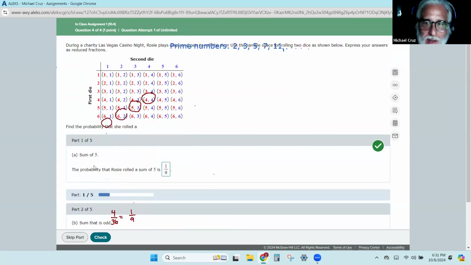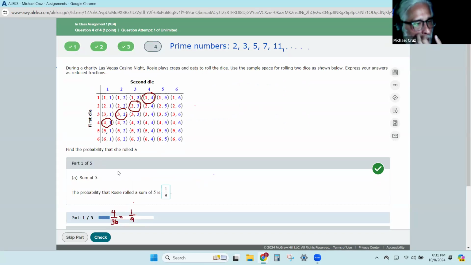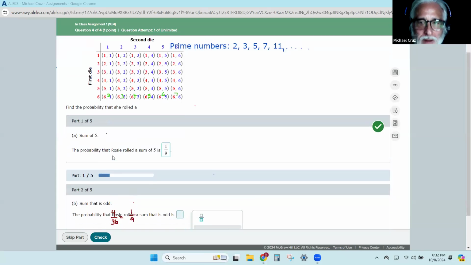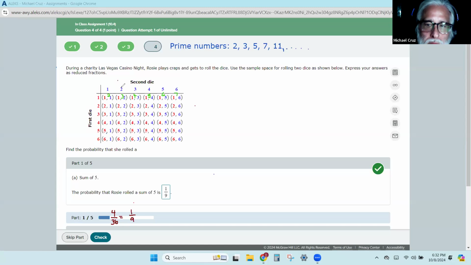All right, the sum is odd. Now before, I'm just going to kind of go back up here and rewrite. We had 2, 3, 4, 5, 6, and 7. Now, out of that first one, how many are odd? Well, it does say odd, right? Yeah. So this one, and this one.